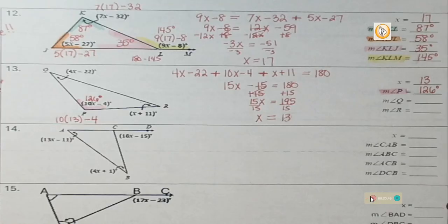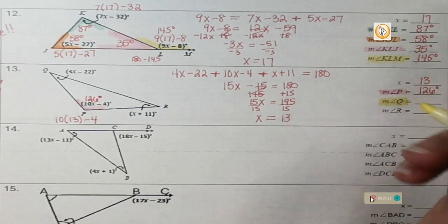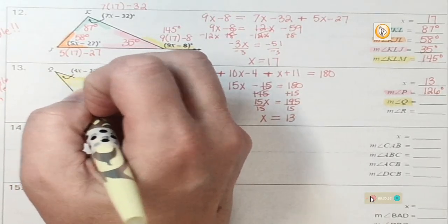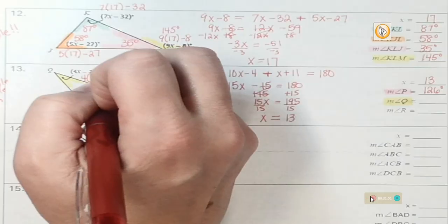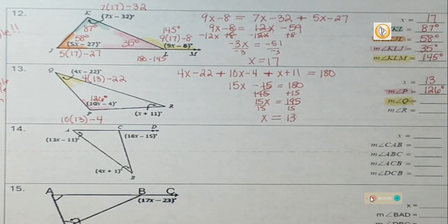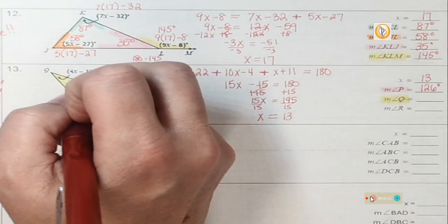But what if I ask you to find angle Q? So angle Q, I'm going to color that yellow while I still can, because I think this one's running out. Angle Q is right here. Angle Q is 4 times x, which is 13, minus 22. So we're calculating 4 times 13 minus 22, and what's that give y'all? My girl says 30.